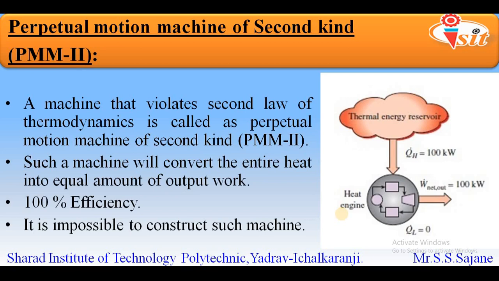So a system converting 100% input heat energy into 100% output work is practically not possible, and so we call it a perpetual motion machine of the second kind. This type of machine is practically never possible to construct. So this is about PMM2.